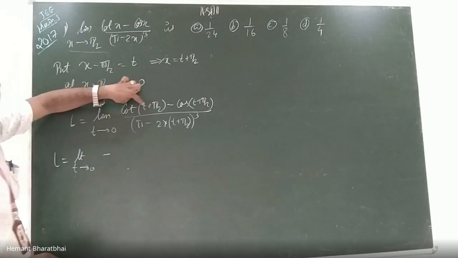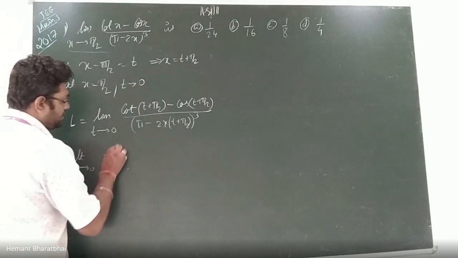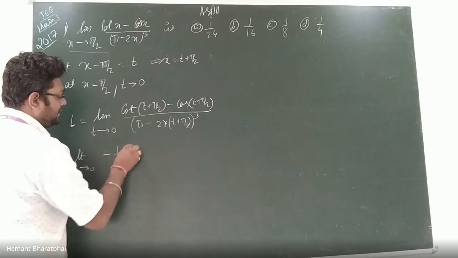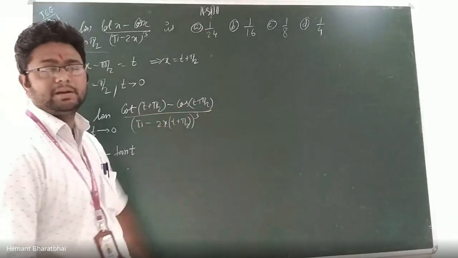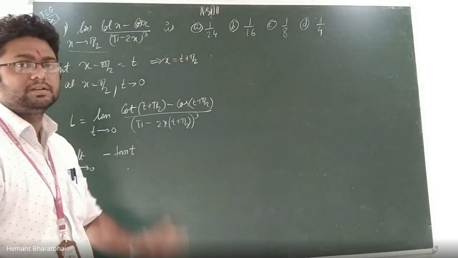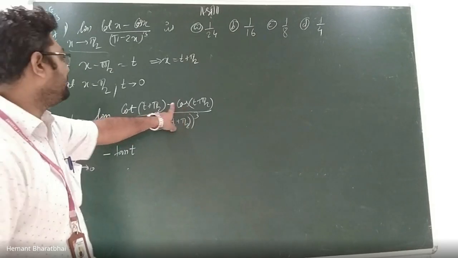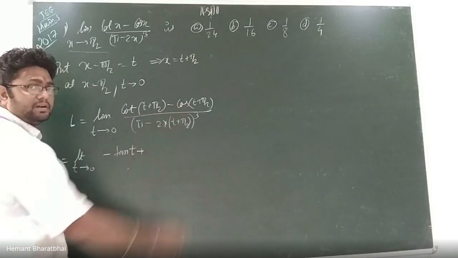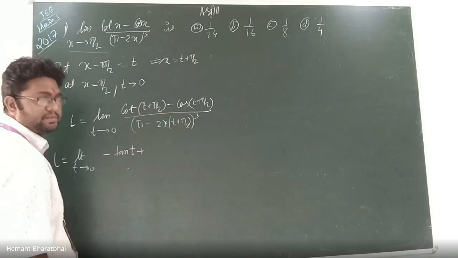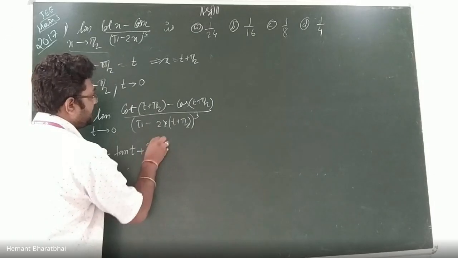And whenever it is pi by 2 plus minus theta, ratio changes to co-ratio, so cot will get converted into tan, so I'll get minus tan of theta. Similarly, here when I do pi by 2 plus theta, I'll go into the second quadrant. In the second quadrant, cos is negative, so minus minus will become plus. And since it is pi by 2 plus minus theta, ratio changes to co-ratio, so this cos will get converted to sin.